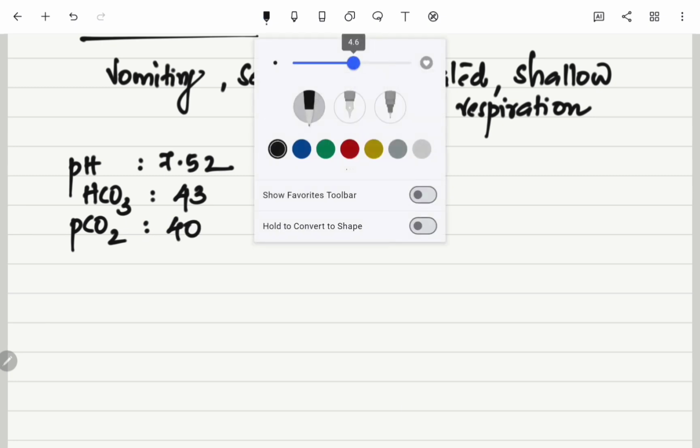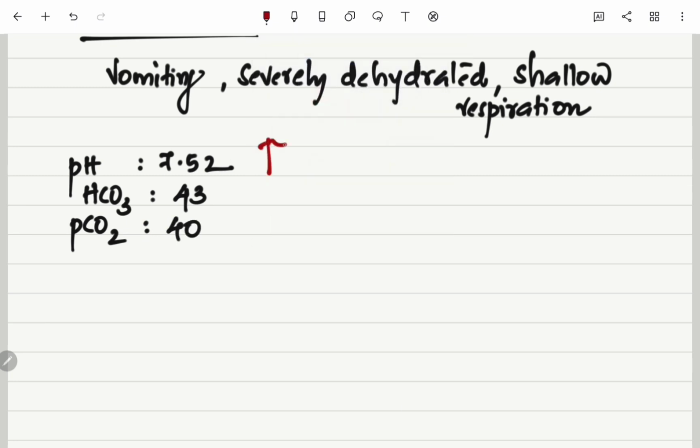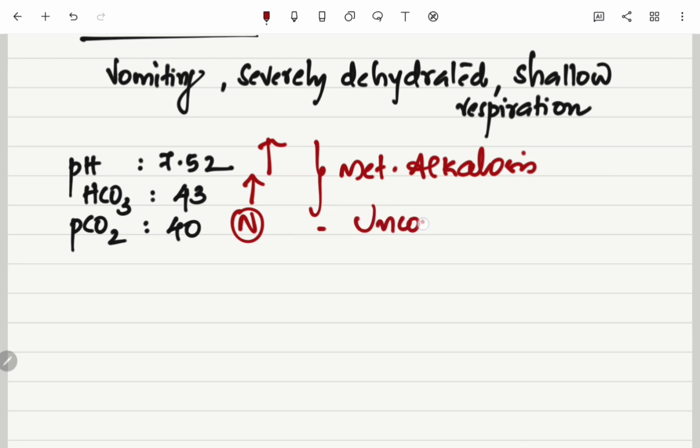Here also the pH is increased, that means it is alkalosis. HCO3 is also increased, so it is metabolic alkalosis. Since there is a normal PCO2 value, it is uncompensated metabolic alkalosis.